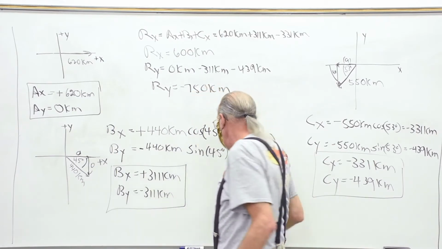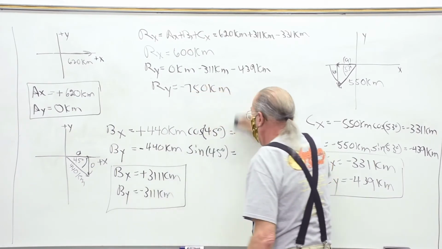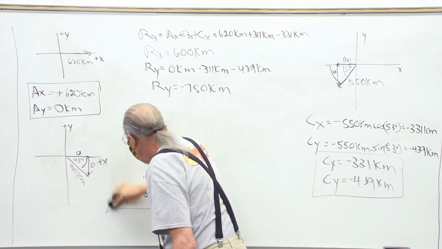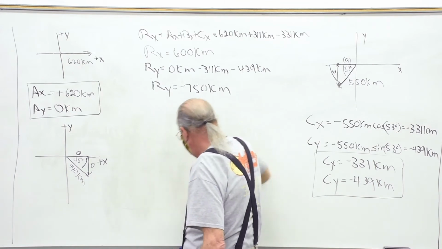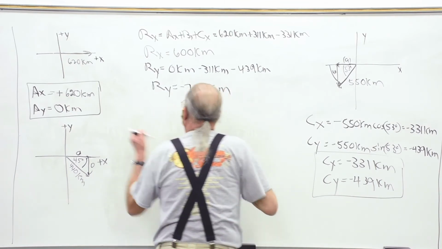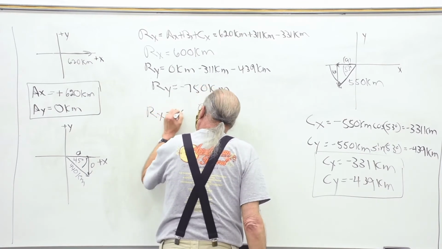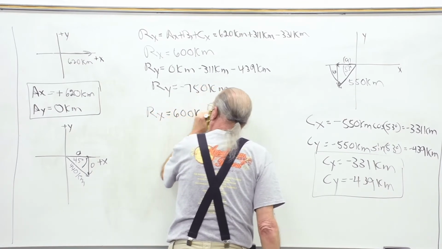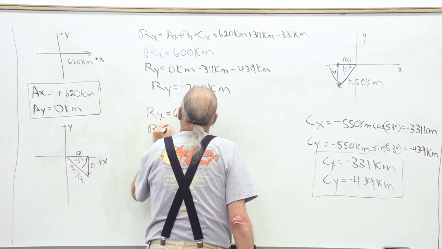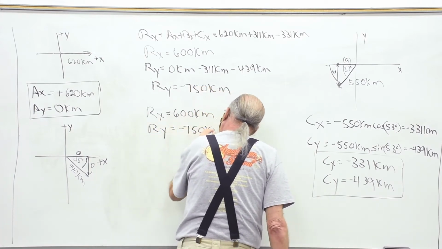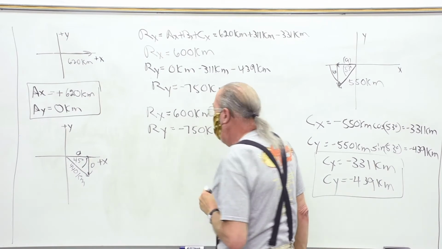You need to make another diagram. The resulting vector is 600 kilometers in the x direction and negative 750 kilometers in the y direction.